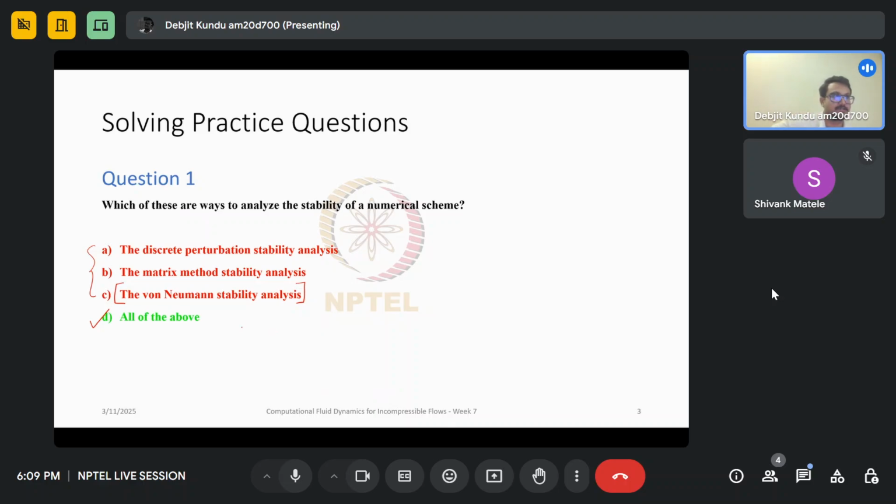One, it's robust as well as simple, and it really gives us insights into where the instability really comes from and which modes are important. So von Neumann stability analysis has been the focus of our course, but the other methods are equally important methods to analyze stability as well. If you have a question, you can ask away.